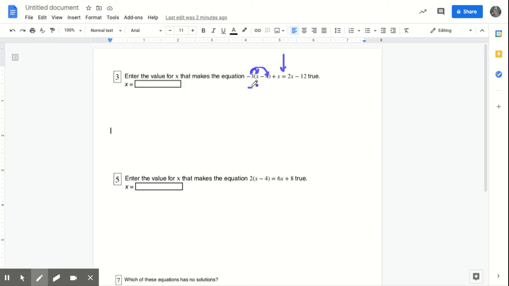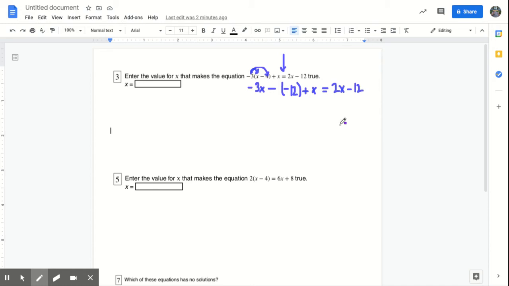So negative 3 times x is negative 3x, minus negative 3 times 4 is negative 12, plus x is still there. It doesn't get multiplied by the negative 3 because it's outside the parentheses, equals 2x minus 12.